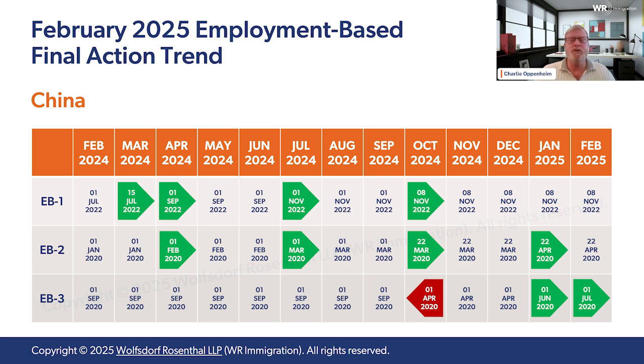It's because, as I mentioned earlier, any unused family numbers from the previous years are added to the next year's employment limit. The State Department processes approximately 95% of all the family-sponsored numbers.